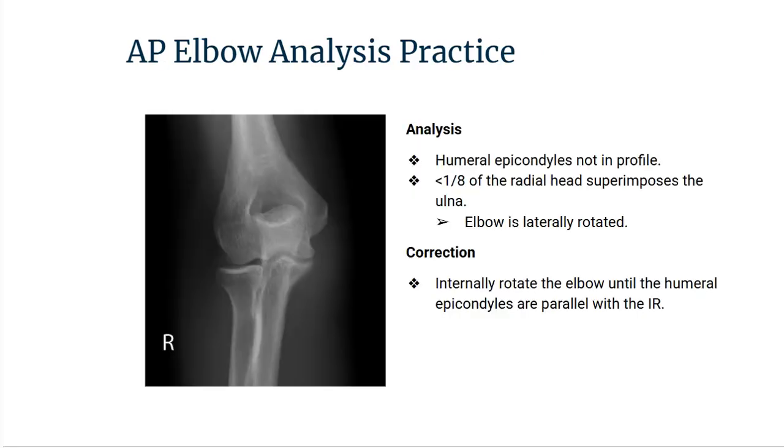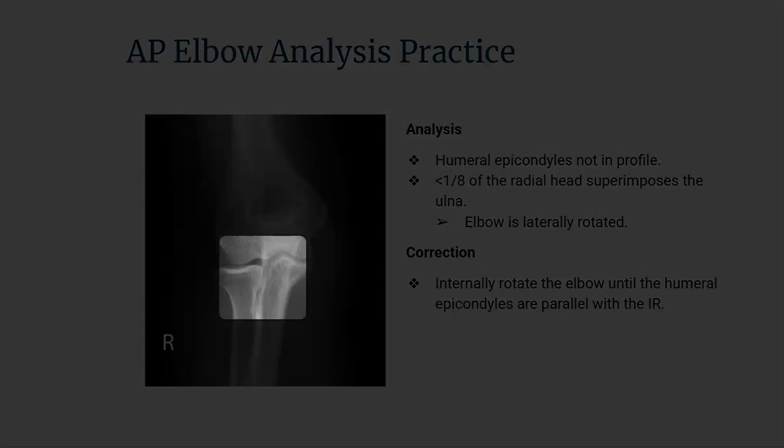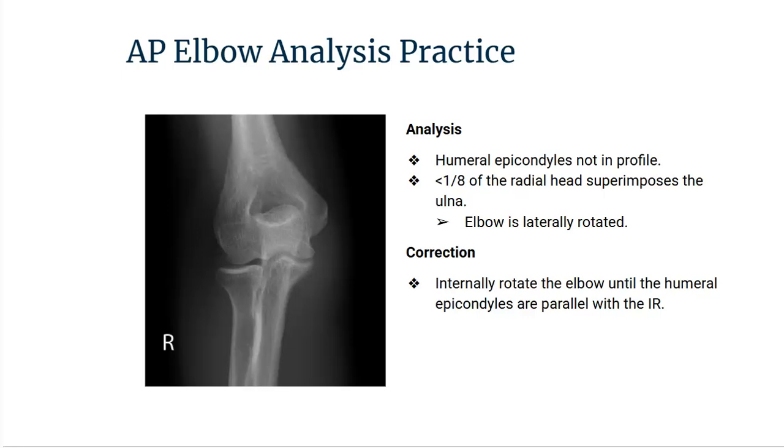Let's review this practice analysis together. Again, you want to make sure that you have all your anatomic structures that are required for the projection, which we do. Next, you want to take a look for the AP projection at the position of the radial head. In this case, less than 1/8 of the radial head superimposes the ulna. This should identify to you that the elbow is laterally rotated.